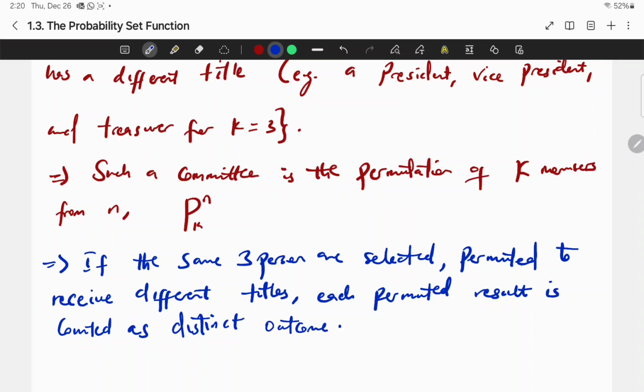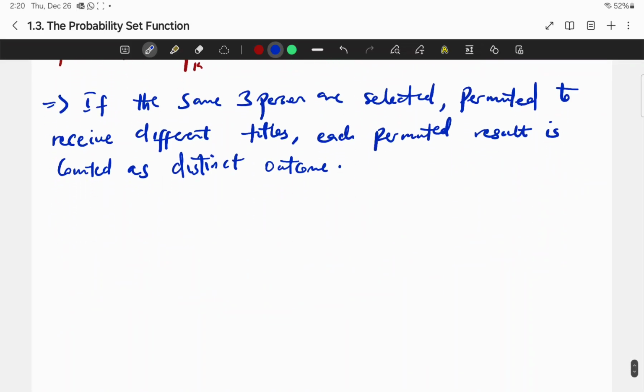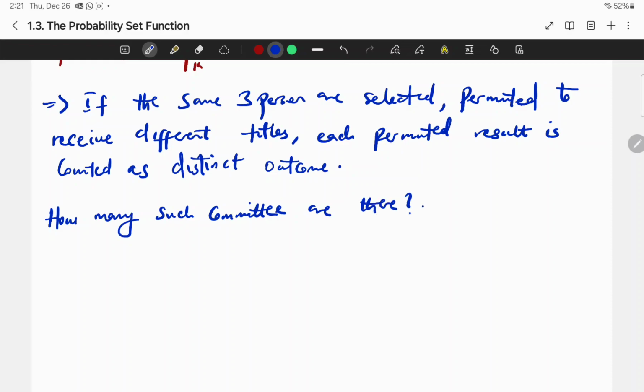Once we elect someone as a president, then we cannot elect another person as a president. So the other people can be elected as either treasurer or vice president. So the question is, how many church committees are there? And this is the major question that permutations tries to handle.